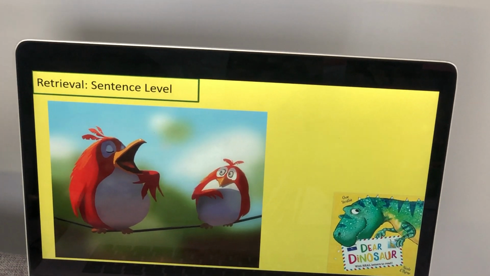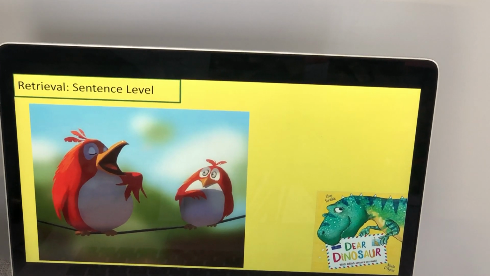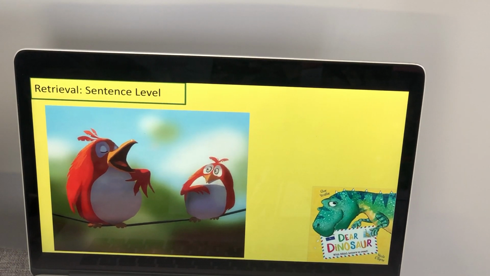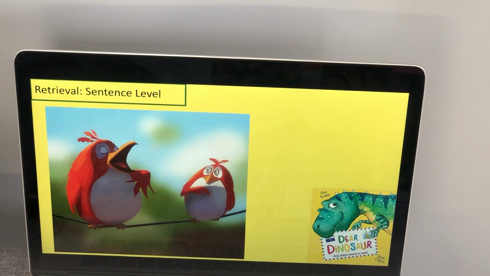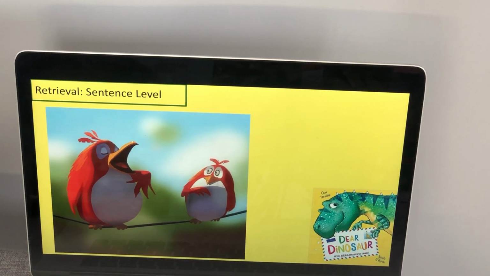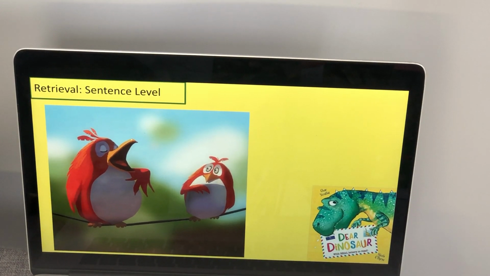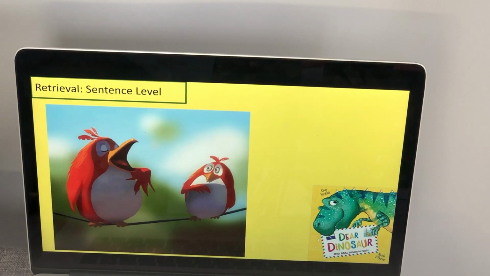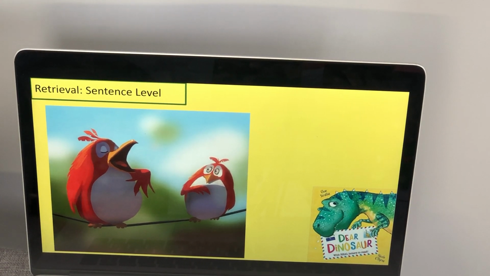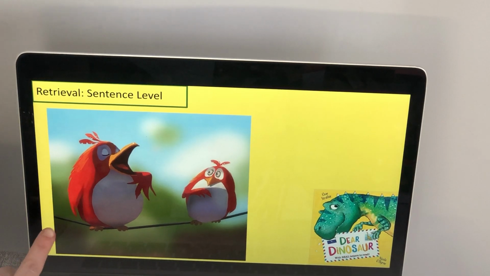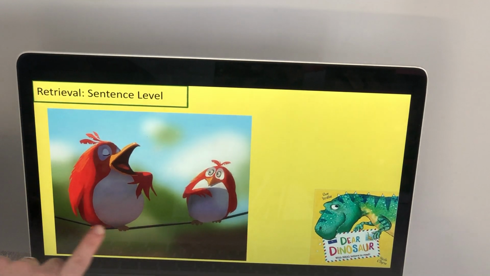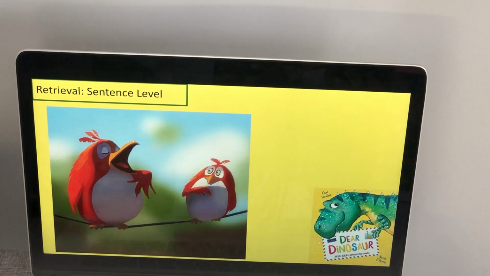Today's picture is a little bit different, no dinosaurs today. We're going to have a look at this picture and see if we can create a full sentence that we can practice saying out loud that describes what we can see happening in the picture. I'm going to have a go first. We always start our sentences with I can see a. I can see two birds balancing on a wire.